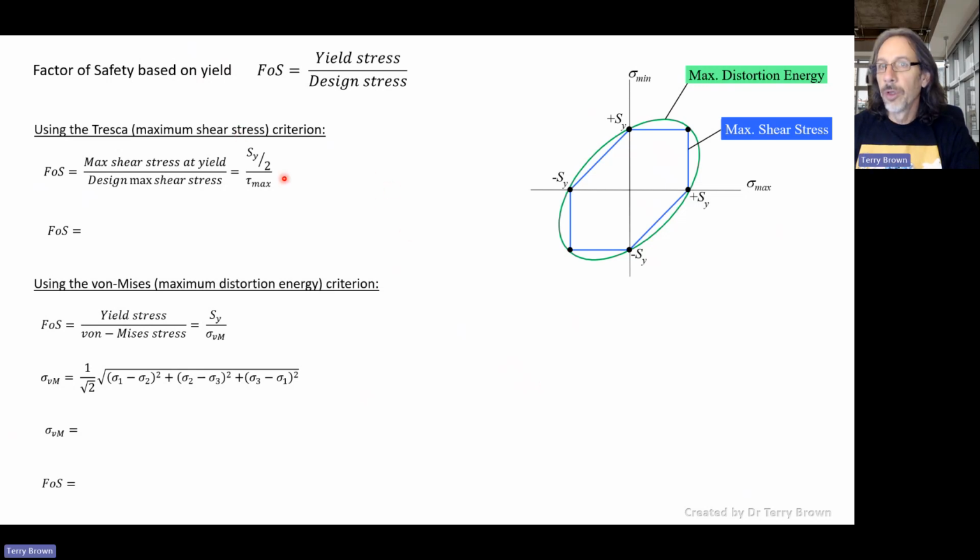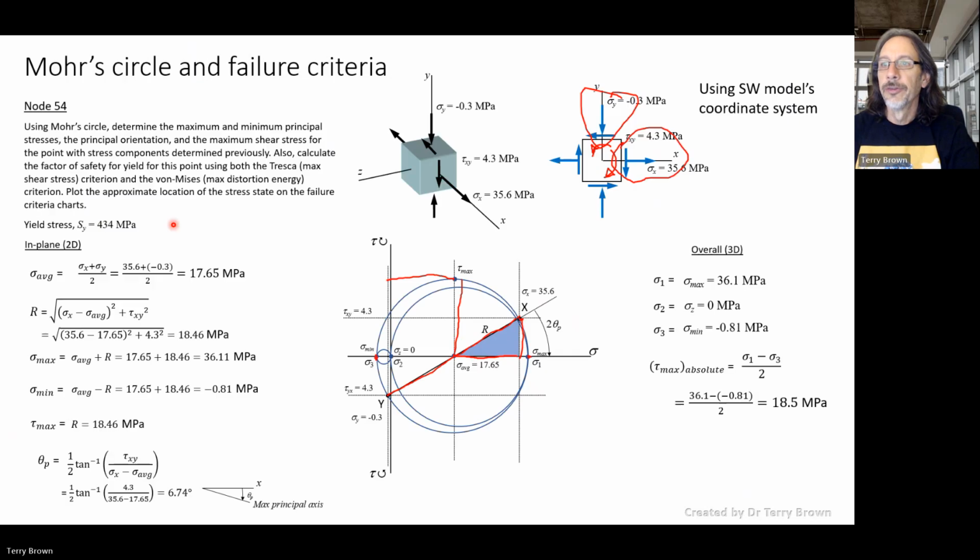That's all well and good, but an important thing that we need to do from here in terms of design is to work out what our factor of safety is with these stresses. We've worked out what the maximum stress is. We know what the maximum shear stress is. How do we make use of that in design?